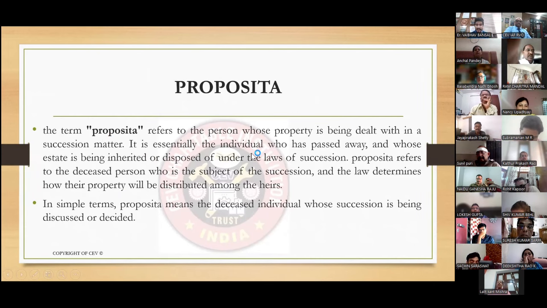It is essentially the individual who has passed away and whose estate is being inherited or disposed of under the laws of succession. Proposita refers to the deceased person who is the subject of the succession, and the law determines how their property will be distributed among the heirs. In simple terms, proposita means the deceased individual whose succession is being discussed or decided.